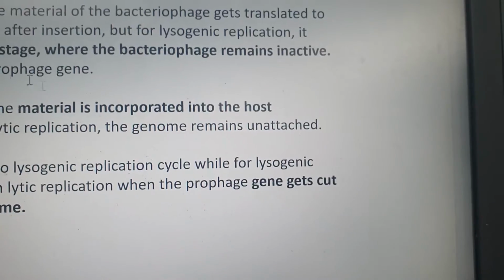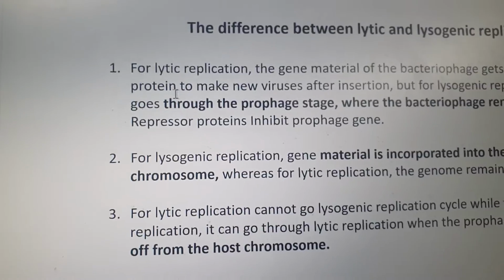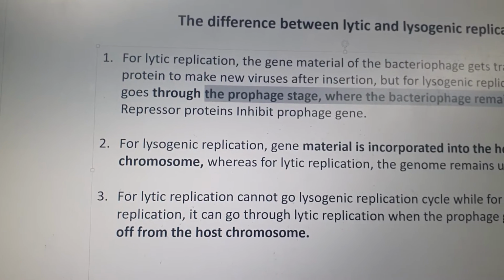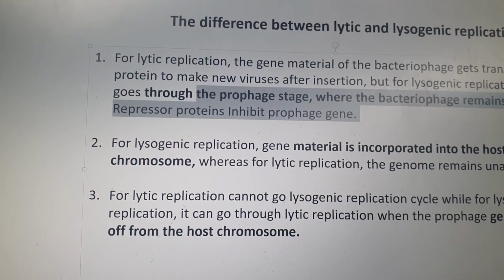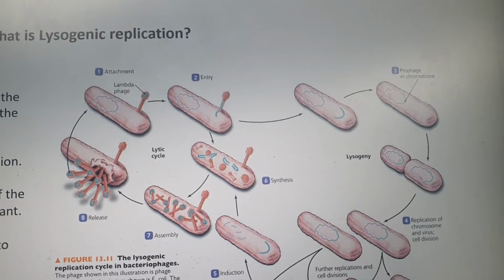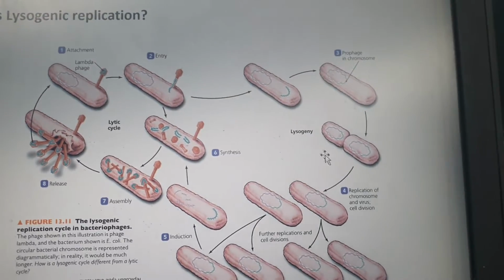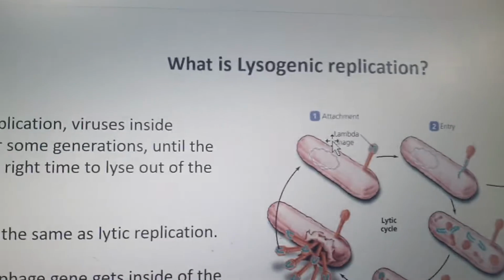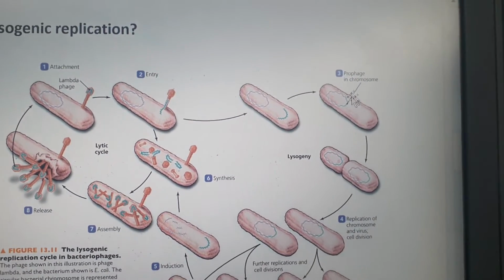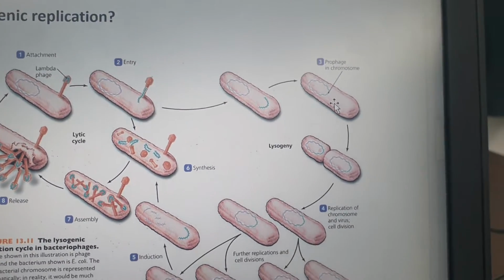This is where I talked about the difference in the prophage stage. The bacteriophage remains inactive, and that's the second step. So here's attachment, there's entry, and prophage in chromosome.